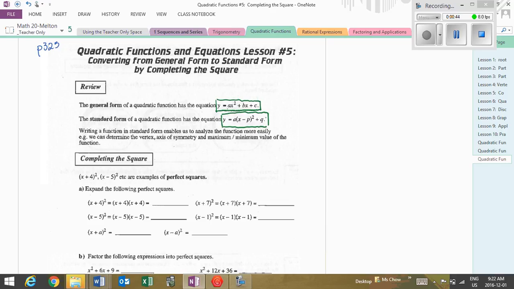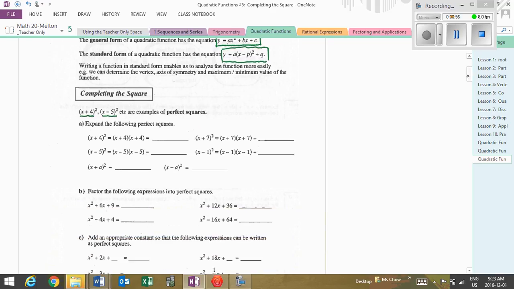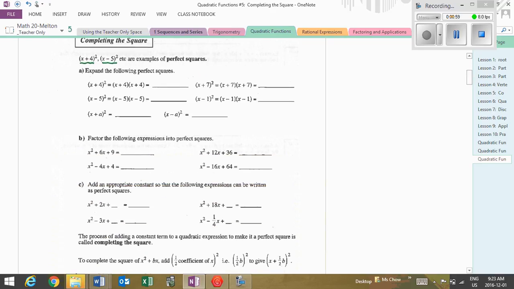So let's go back and just review perfect squares and how to square a binomial. So x plus 4 all squared, x minus 5 all squared are examples of perfect squares. And so if we want to expand them, then we can write them out. X plus 4 all squared, of course, is x plus 4 times x plus 4. And that reminds us that we do have a middle term.